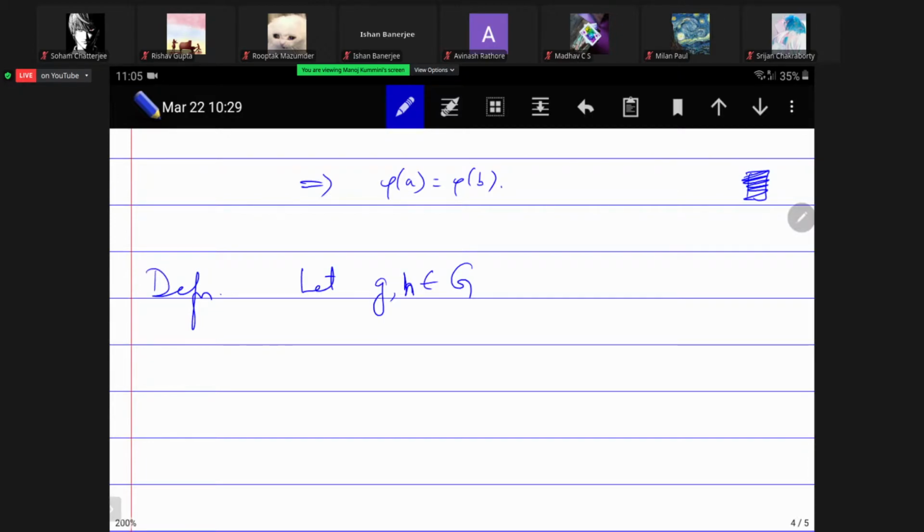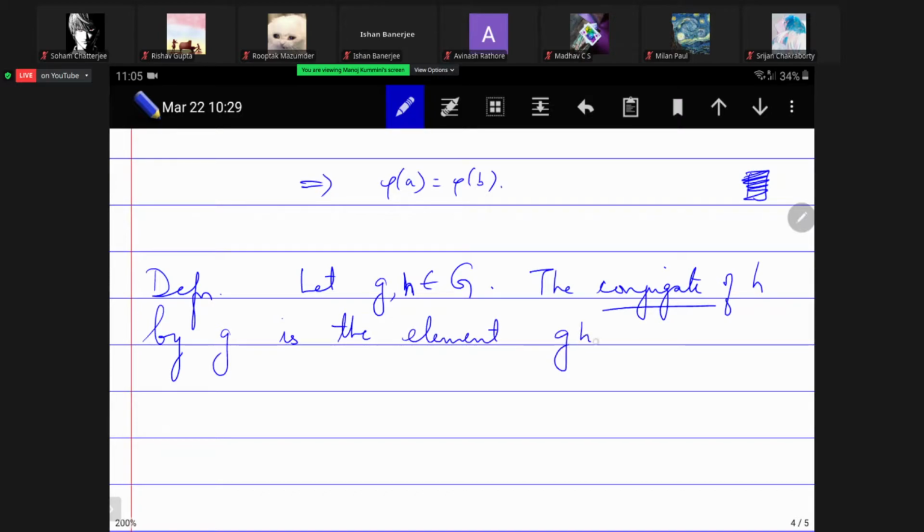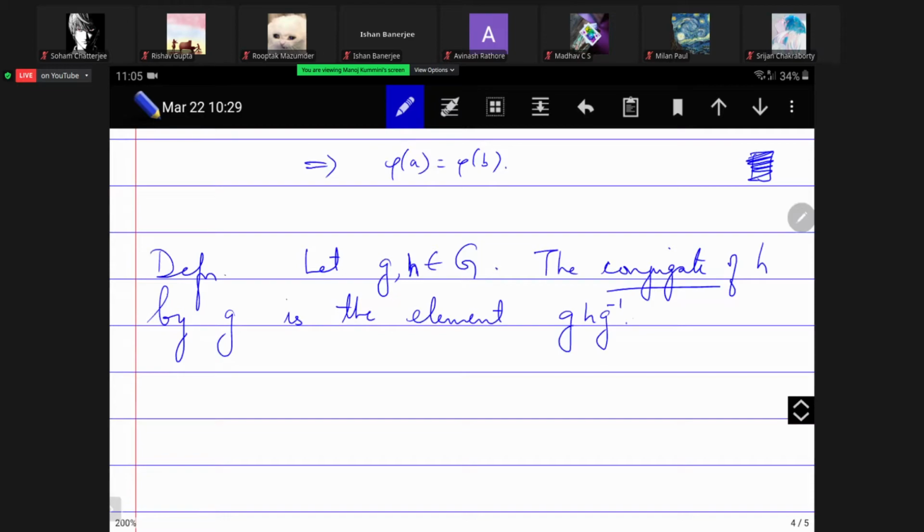The conjugate of h by g is the element g h g inverse. So this is what's called a conjugate of an element.